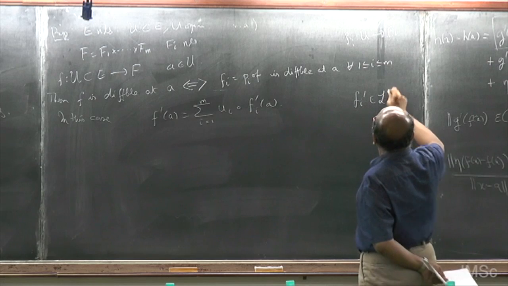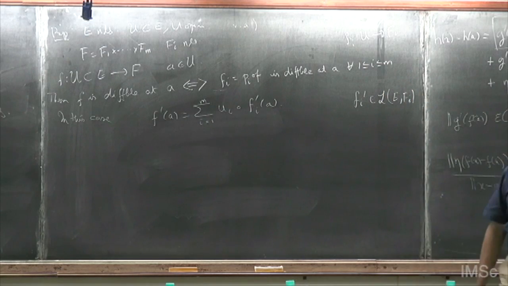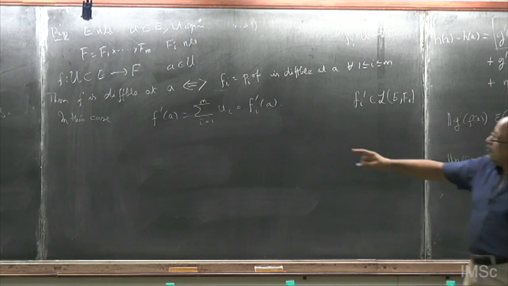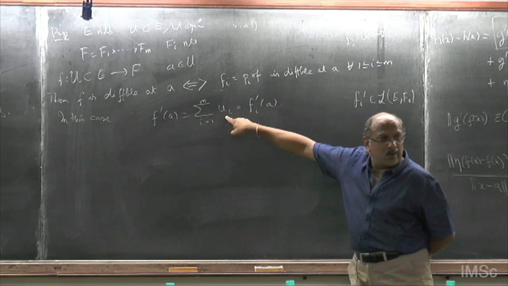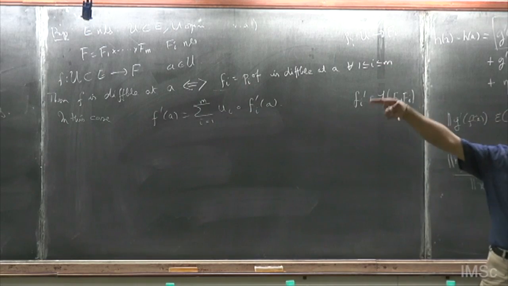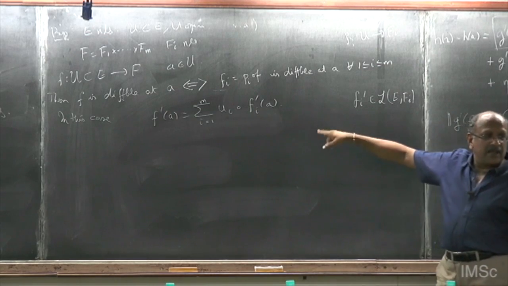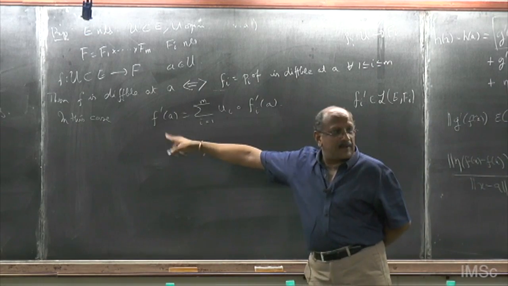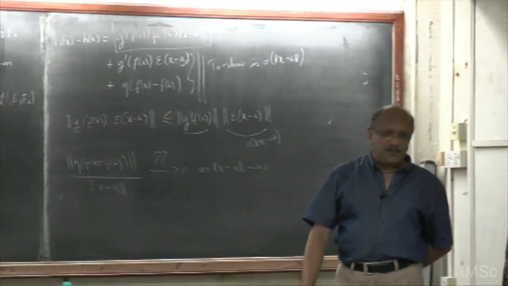This belongs to L of E to Fi. So, fi dash takes E to Fi, ui will take Fi back to F, and therefore, this composition will take E to F, and this is in the right place. Okay. So, this equality is correct, at least as far as the spaces and the mappings are concerned. Validity of it has to be proved.